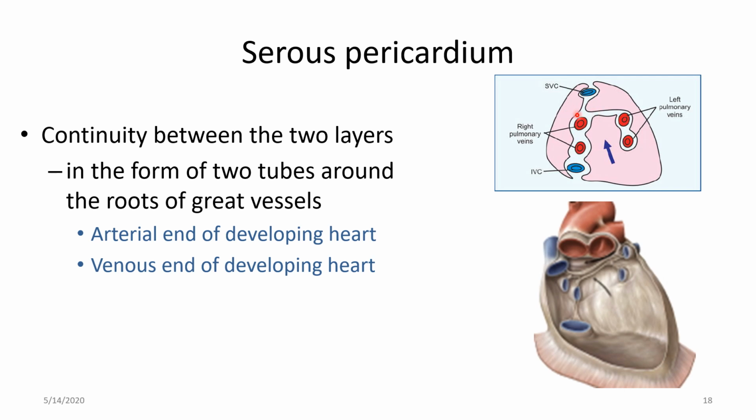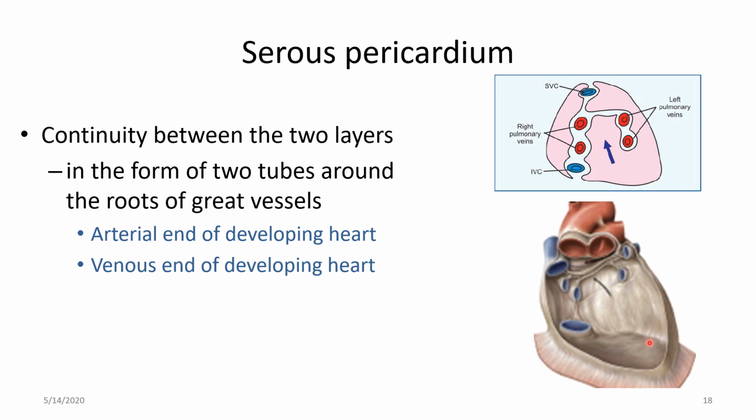So, the space between these parietal and visceral layers is the pericardial cavity. At the venous end, that consists of the superior and inferior vena cava, we are seeing the right and left pulmonary veins. So, this is the place where the parietal and visceral layers are continuous.